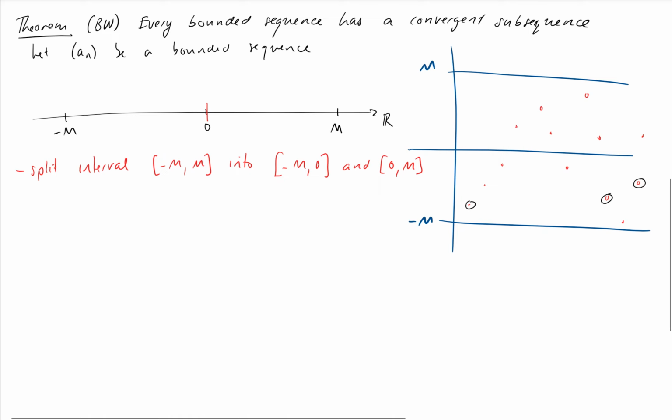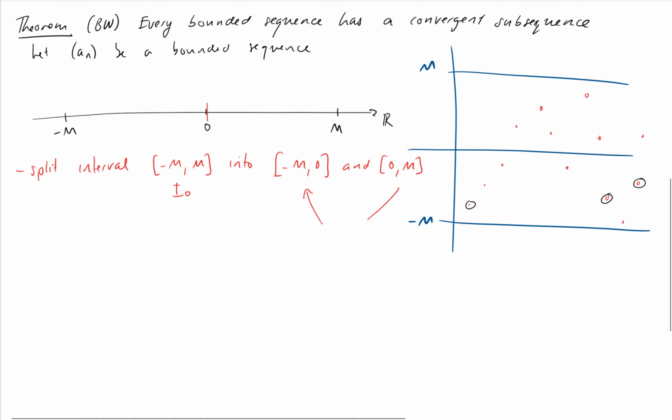So I'm going to call this interval here I0, my original one, and I'm going to call the first interval I1. And the way I'm going to choose between these two to make my nested interval sequence is because we have a sequence, it means we have infinitely many terms in our sequence. And because I want my process to be able to go on indefinitely into smaller and smaller pieces, I'm going to choose the one that has infinitely many terms.